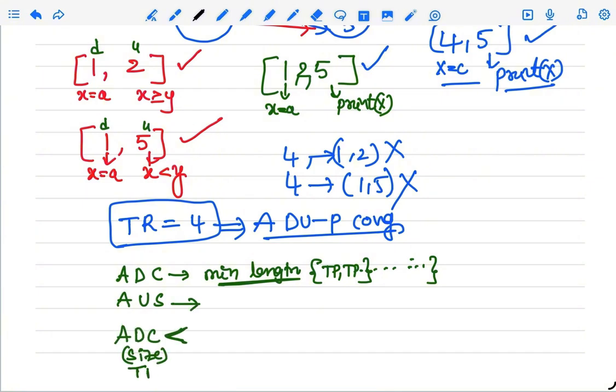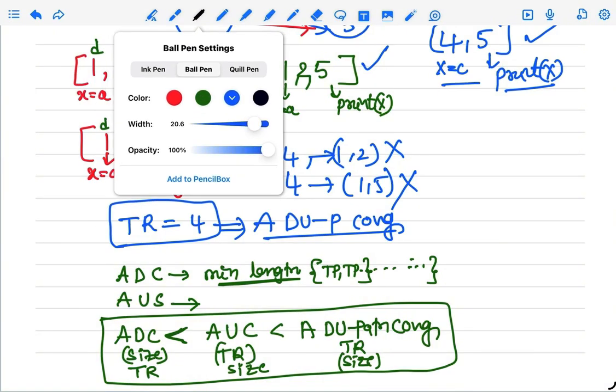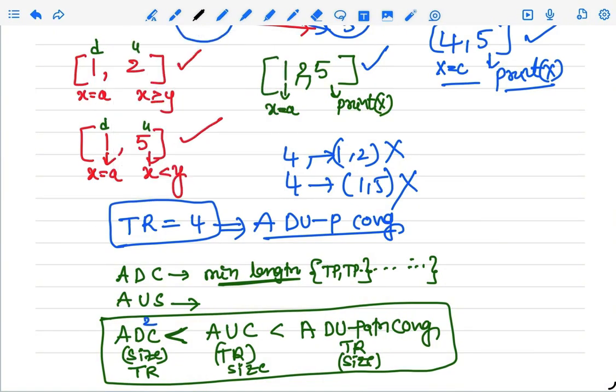So the test requirement size for all defs coverage is less than all uses coverage, which is less than all DU paths coverage. In this question, all defs coverage is 2, all uses coverage is 3, and this one is 4.